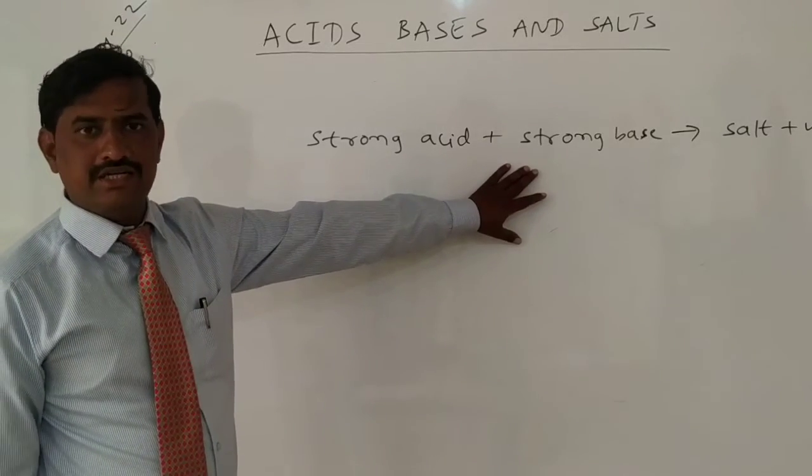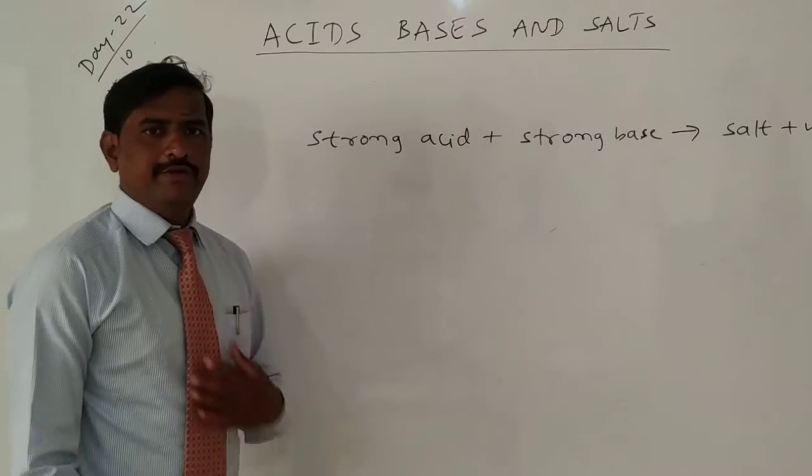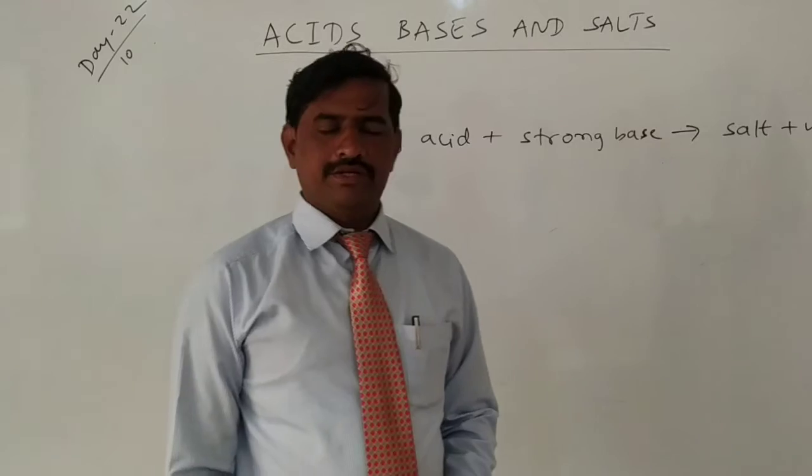Already we have studied in the last class which are called strong acids and which are called strong bases, classified depending upon the pH value and the percentage of hydrogen.